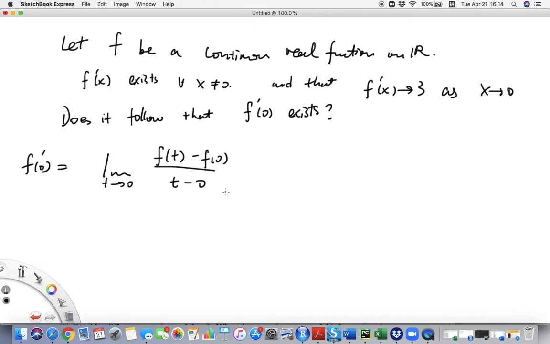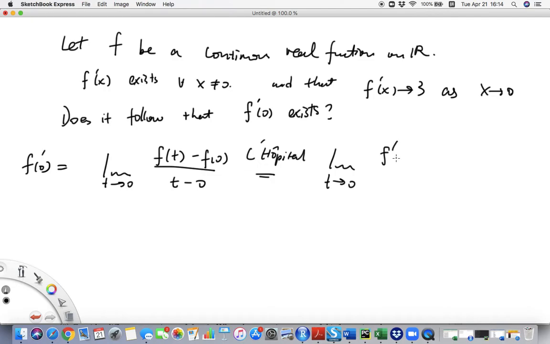So, how do we know if that exists? Well, first observe that as t goes to 0, both the numerator and denominator go to 0, right? The numerator goes to 0 because f is continuous, so you can use L'Hopital, right? Use L'Hopital, so that's the limit as t goes to 0.